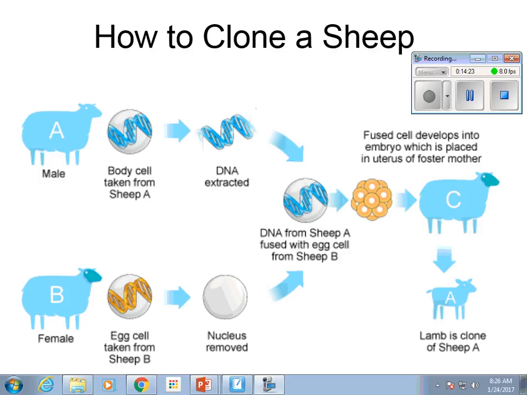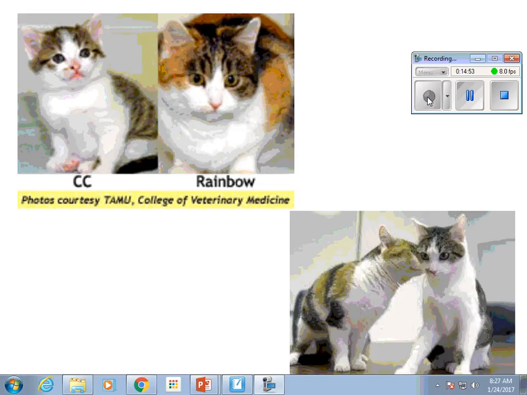And after a certain period of time, I don't know what the gestation period of sheep is, it's less than humans, so less than 9 months, the sheep then gave birth to a baby sheep. Now, this sheep is a clone of sheep A, because that's where the DNA came from. It's not related to sheep B at all. It's not related to sheep C at all. It is a clone of wherever the DNA came from.